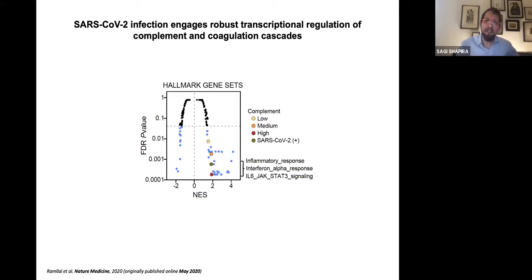But what you can see is that infection, perhaps not surprising, engages type 1 interferon responses and very generic inflammatory responses, but the complement and coagulation pathways, these colored circles, are highly induced in a virus-dependent manner in infected patients.